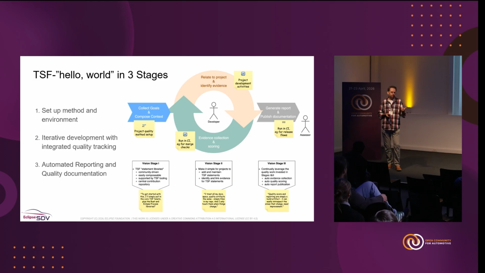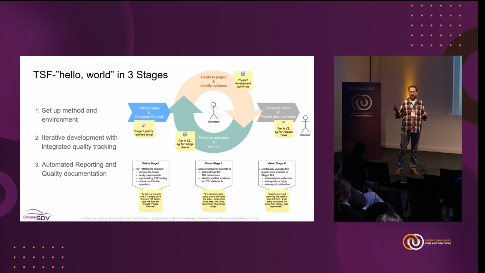Extra thing number one: you have to continue to expand and detail out your TSF goals graph. You're doing something new, and that new thing ideally will support a quality goal or some aspect of the graph. So you may have to create a new part of the graph that you then work towards. For instance, I now need a README for my project, so I can expand that part of the quality graph to make a statement: I have a README with those kinds of attributes.